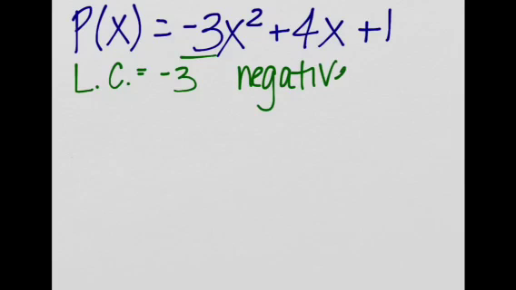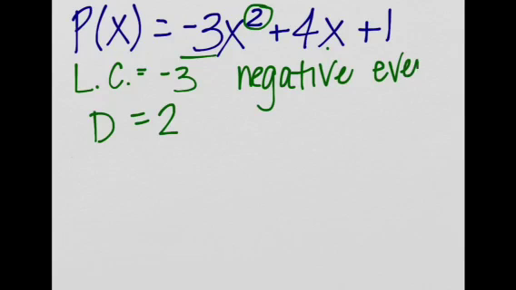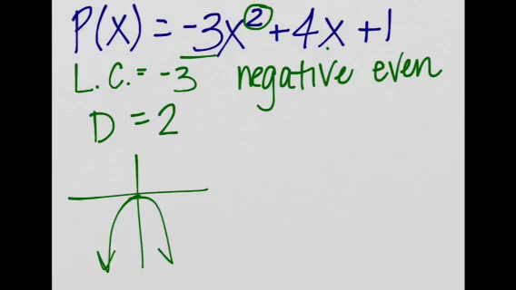And our degree comes from the largest power here, so 2, which is an even number, so we're looking at a negative even function. Our even function was a parabola, and because it's negative, it's going to be upside down. So once I have the sketch that represents a negative even function, I can find the end behavior that is going to describe my p of x function.